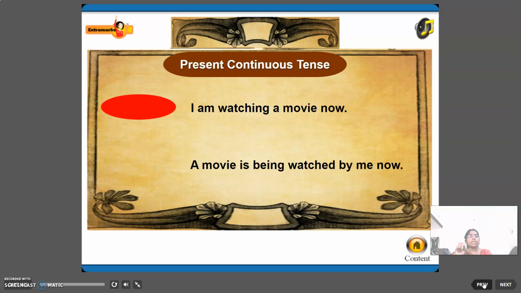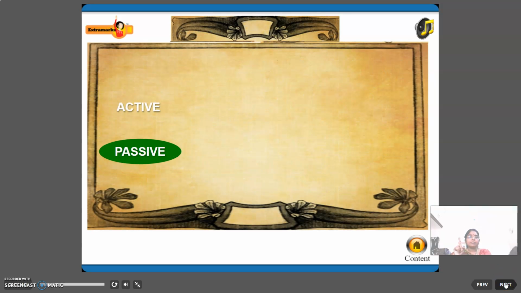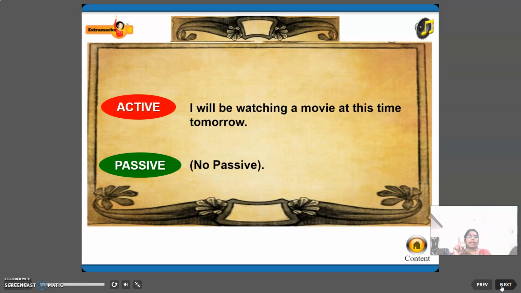A movie is being watched by me now is present continuous. Past continuous we saw, and the future continuous: I will be watching a movie at this time tomorrow. Active voice is there. And what will be the passive voice? There is no passive voice for future continuous tense.